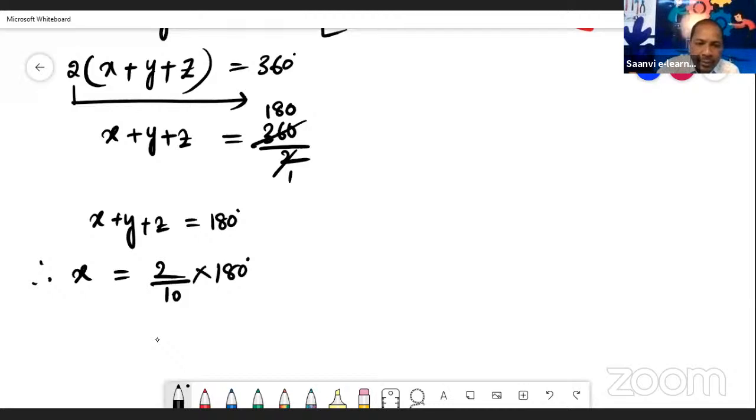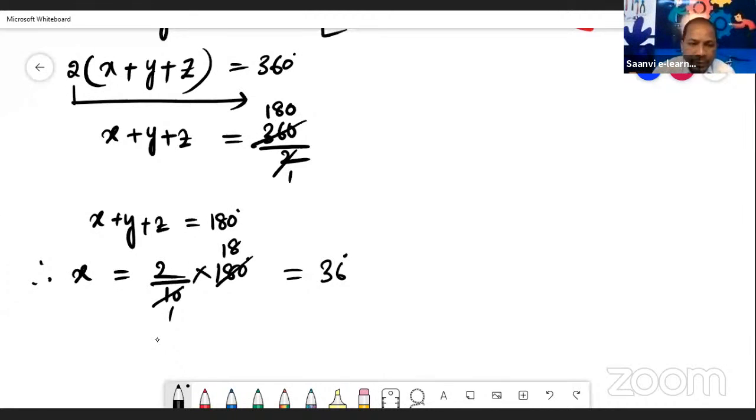So 2 by 10 into 180 degrees. Okay. So here 10 ones are 10, 10 18s are 180. It means 18 twos are how much? 36. So angle X is equal to 36 degrees.